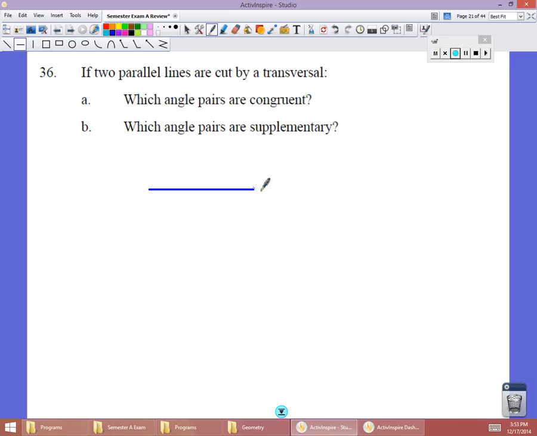So we're going to draw 2 lines that are parallel, and they're going to be cut by a transversal. All right, and so which angle pairs are congruent? Well, if we number these angles, just to give us, again, you don't necessarily have to do this, but 1, 2, 3, 4, 5, 6, 7, and 8.